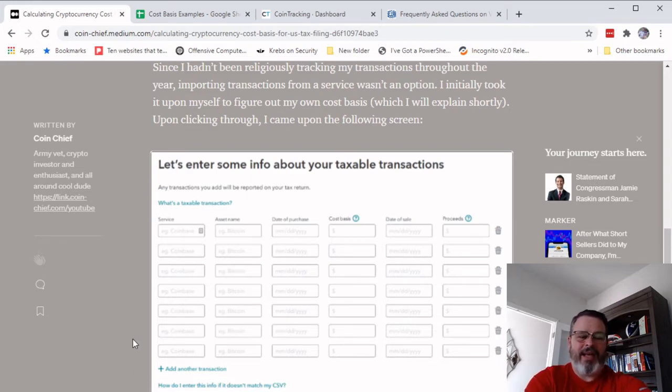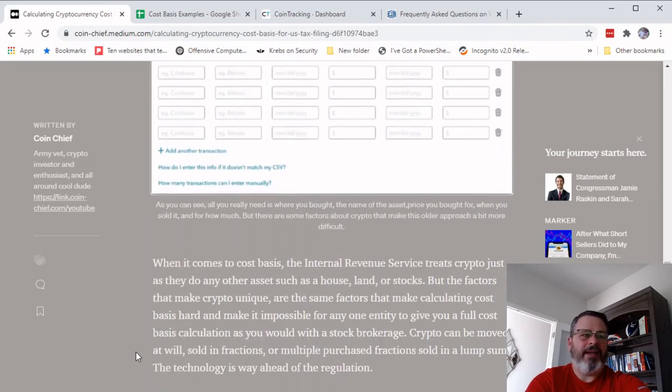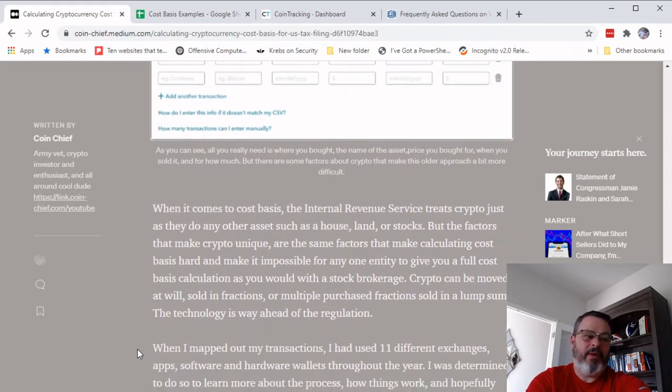To me, I wasn't willing to invest the time, and I was looking at hundreds, if not thousands, of transactions, just because of how many different entities I was dealing with. I had a crypto debit card, and it was a little messier than just entering a few, buying a little bit and selling a little bit. I had a lot of transactions, but I did learn about cost basis, learned how to figure it, and maybe I'll make my life easier going forward.